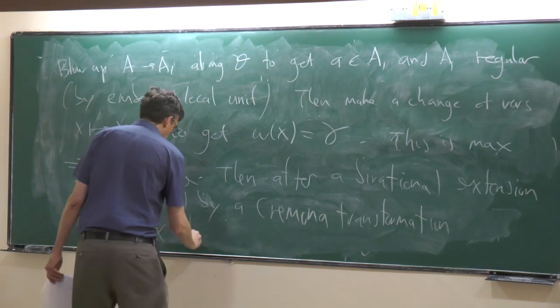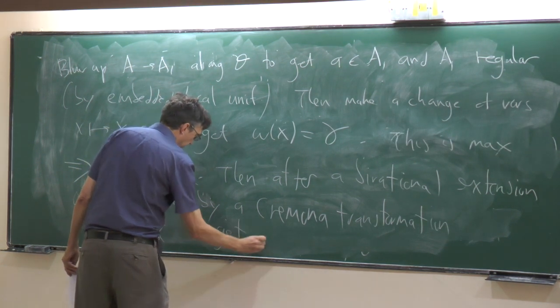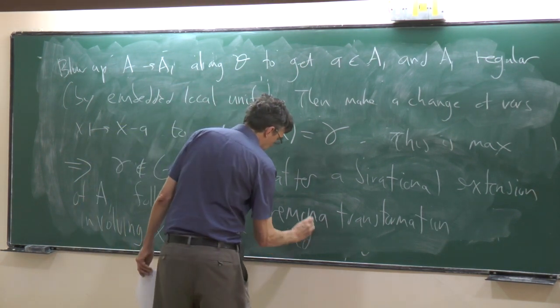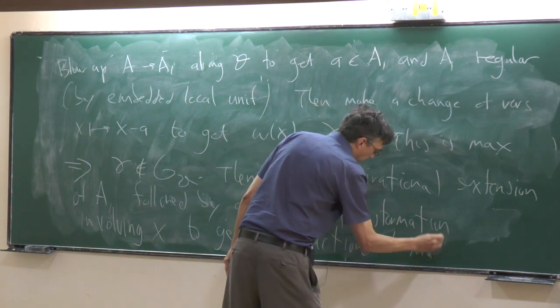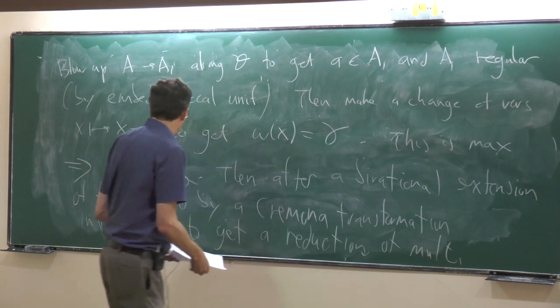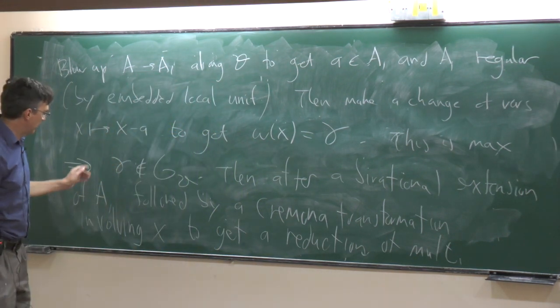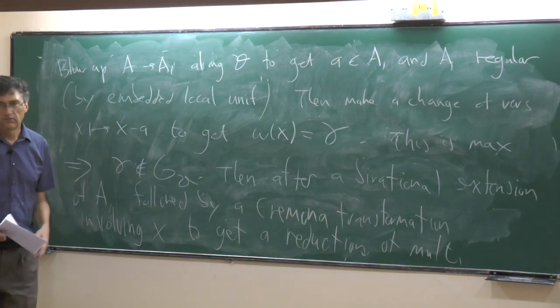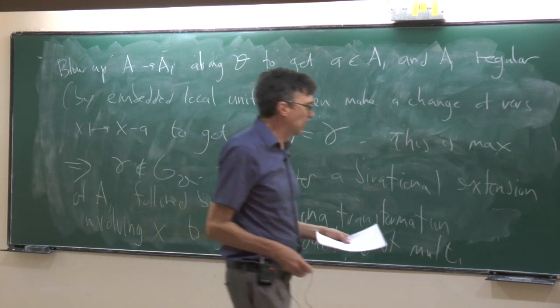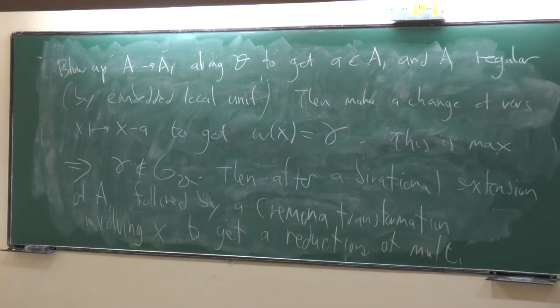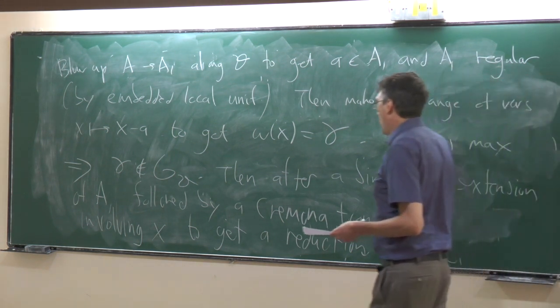And then you get a reduction of multiplicity. I'm not really going through how this occurs, but having this fact that the value of x is not in that group is just what you need, after doing some calculations, to be sure that the multiplicity drops.